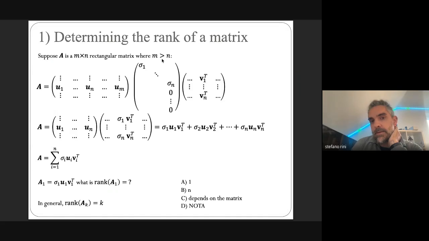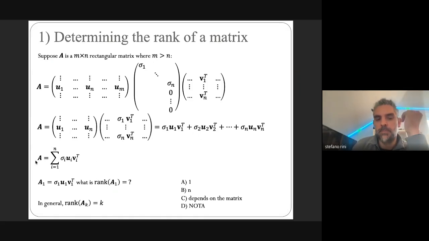Here we took M greater than N just for convenience, but this is always the case. Since M is greater than N, we are just picking the first N vectors u. The rest are zeroed out by this block of all zeros. And so you're saying that the matrix A can be represented as the linear combination of these outer products, okay?